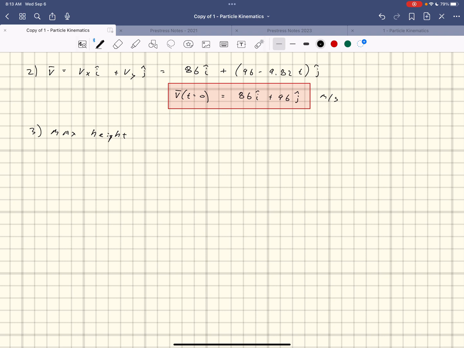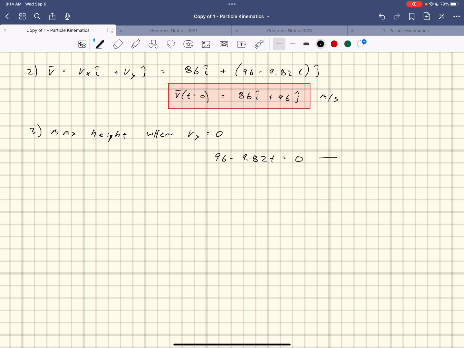So we say, when Vy is equal to 0. We write down that equation, which is going to be 96 minus 9.82t is equal to 0.